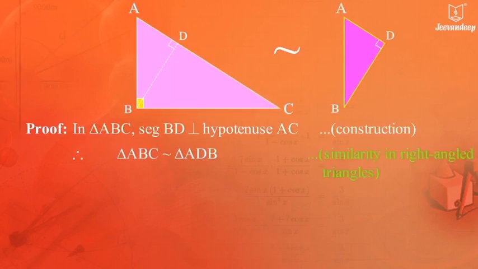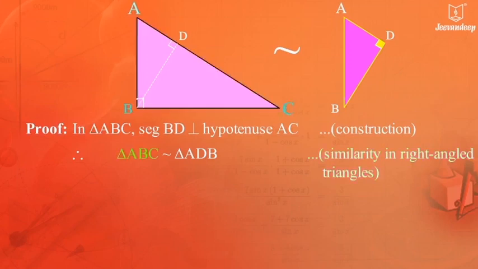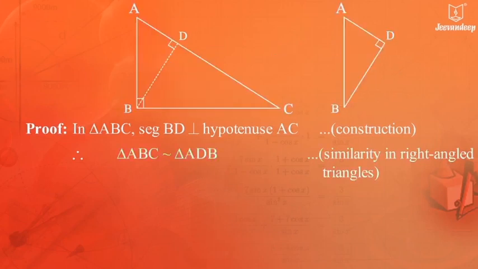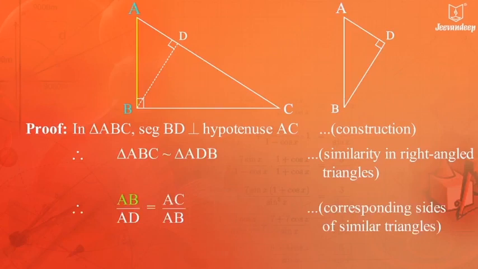Therefore, according to similarity in right-angled triangles, triangle ABC is similar to triangle ADB. Therefore, AB upon AD equals AC upon AB, corresponding sides of similar triangles. Cross multiplying the two sides, we get AB square equals AC multiplied by AD.